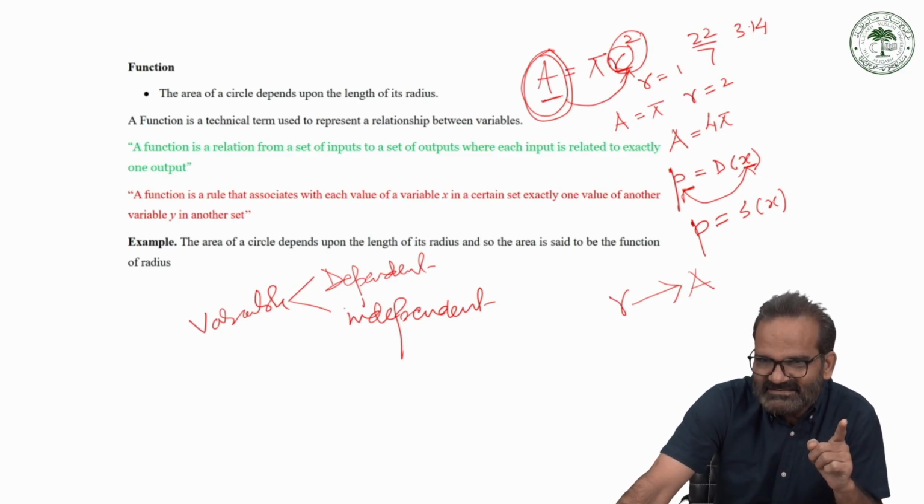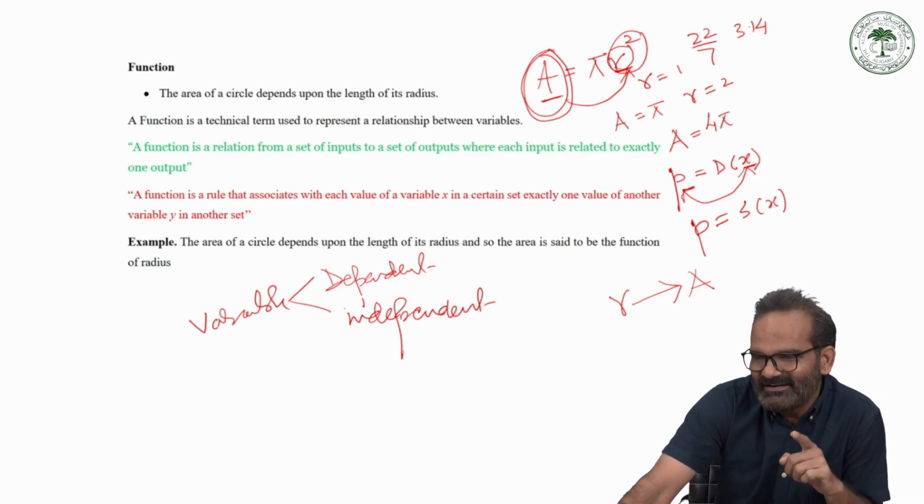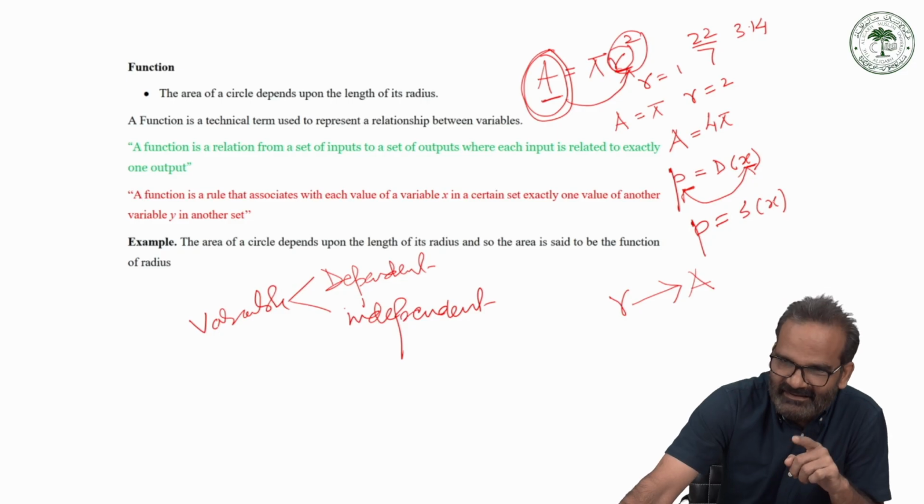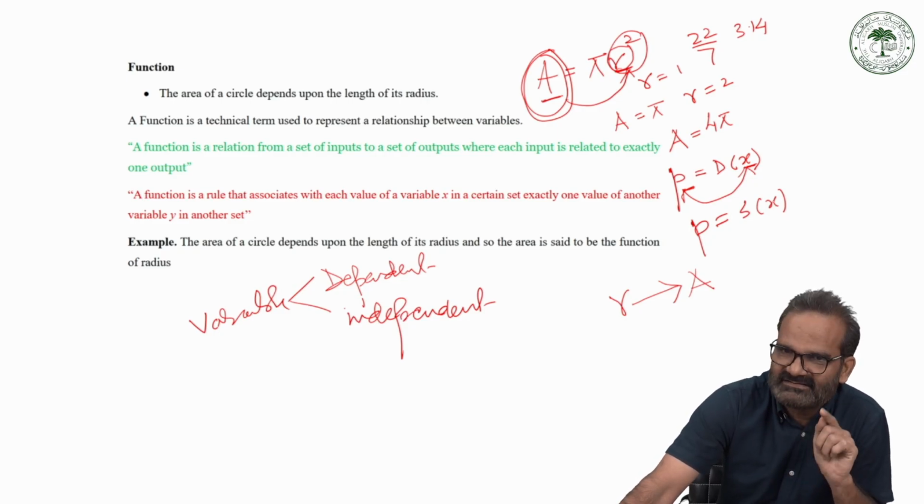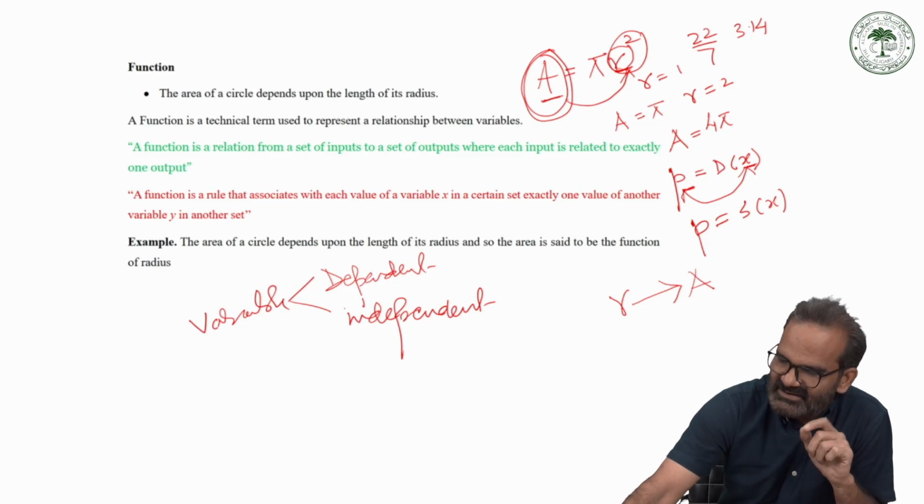So P depends on what? The quantity supplied in the market. Here again, P is dependent and the quantity supplied in the market is a completely independent variable. So this is how you can understand the concept of function.